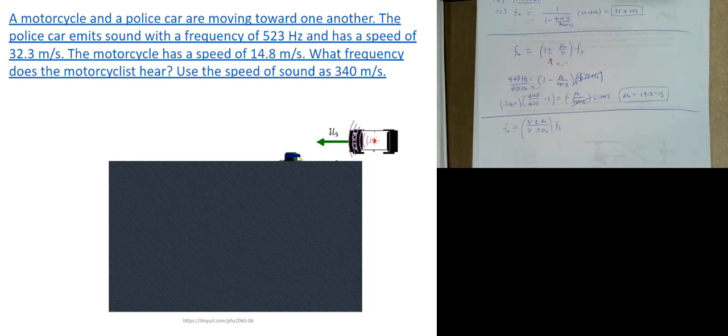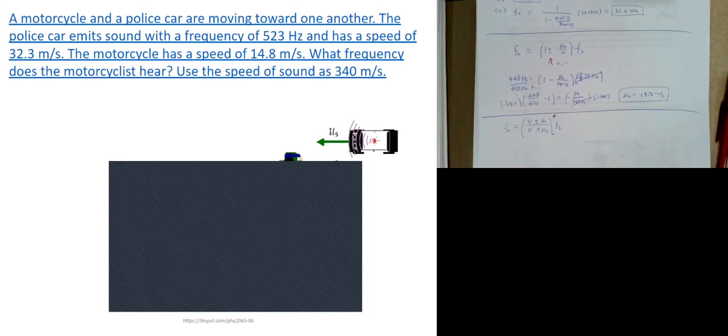All right, so I saw several responses in here. We can take a look. Because they are approaching each other, for the observer on the top, since it's approaching the source, you expect the frequency to increase, so you take the positive sign. Now for the source down here, it's approaching the observer, so you expect the frequency to go up as well, so you take the negative sign at the bottom.